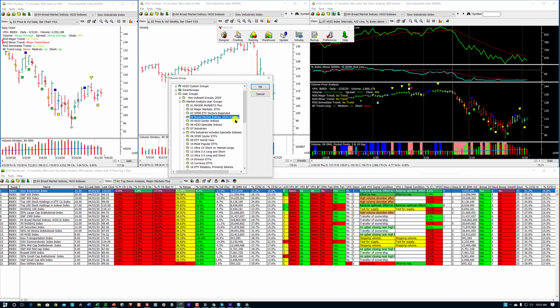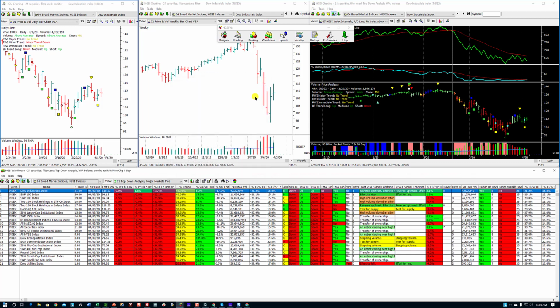These are the indexes that HGSI builds. That's why I showed you what my settings were. If you want to duplicate what I'm seeing, that's what you have to do. I primarily focus on these two folders, broad market indices and then the sector indices, and let's go ahead and do this. I'm going to stay in the broad market indices.